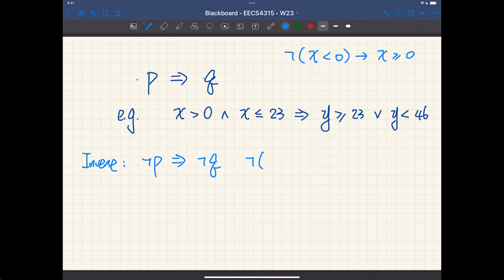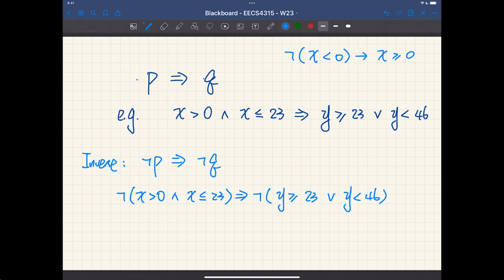So not (X larger than 0 and X less than or equal to 23) implies not Q. Let me make some room over here. Not (Y larger than or equal to 23 or Y less than 46). And we need to simplify that. That one will be equivalent to, and we can do De Morgan.